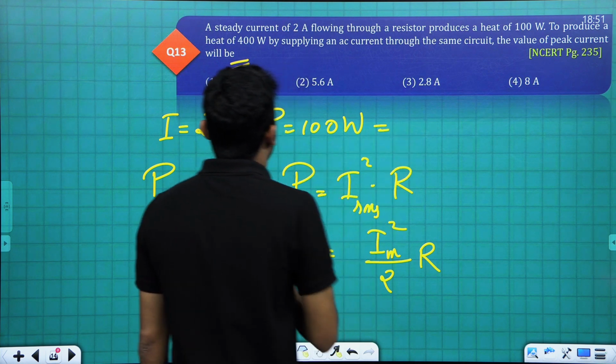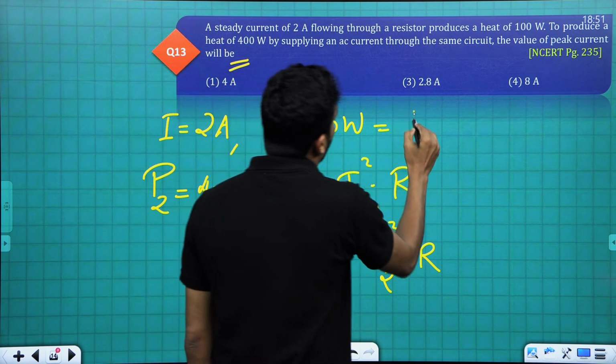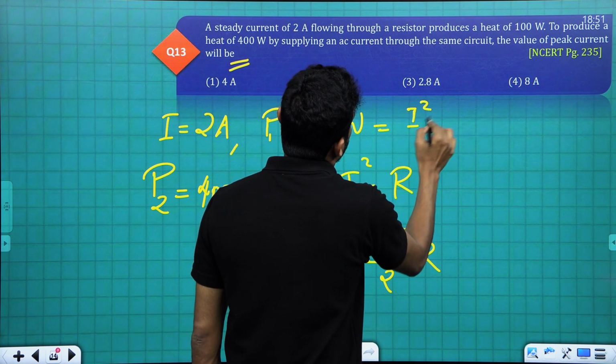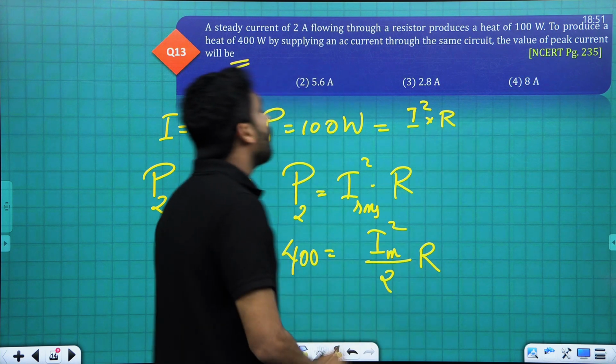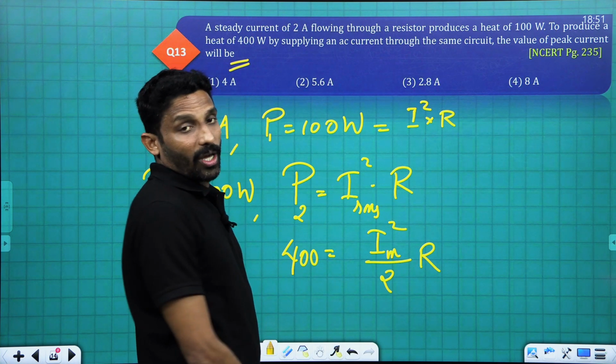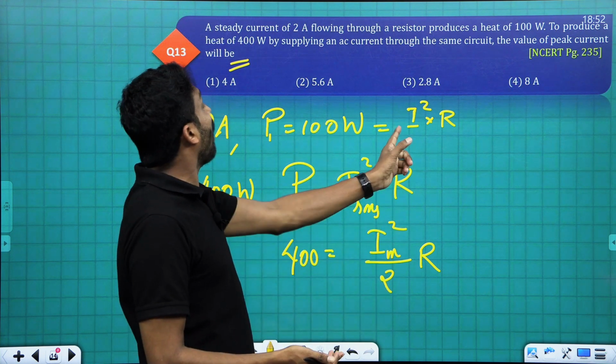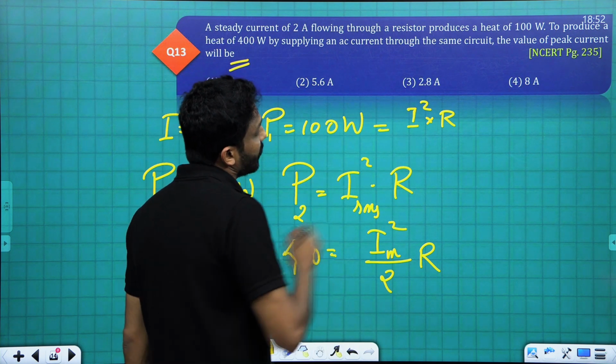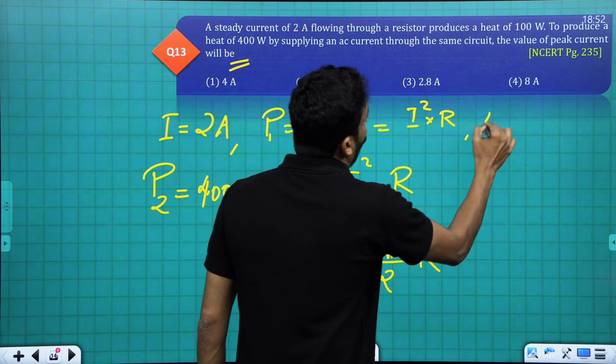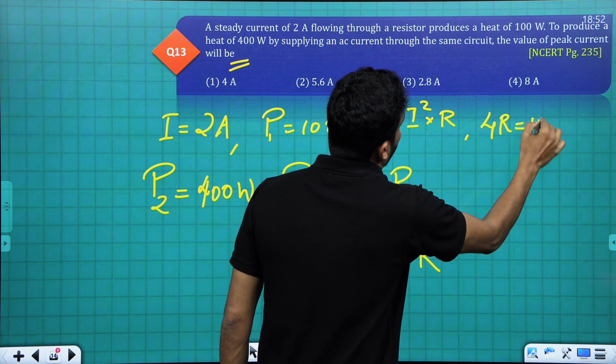P1 is equal to I square into R. I square into R is obtained as 100 and I is equal to 2, which means 4R is equal to 100.